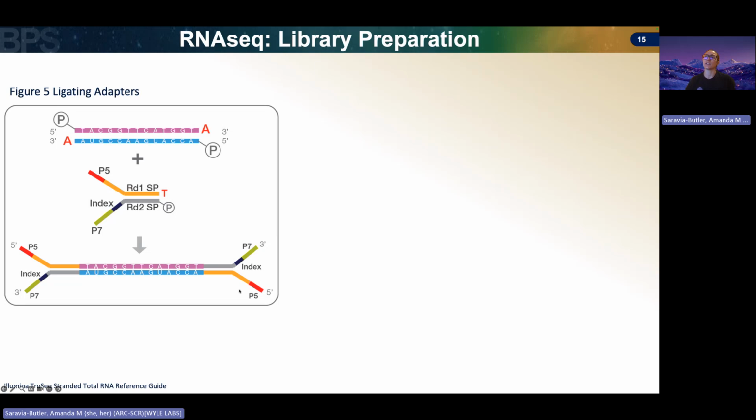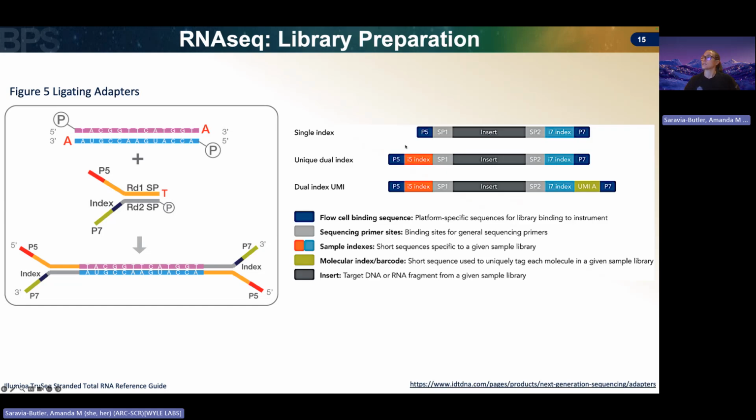So as I mentioned here, this is a single index adapter because we just have an index on one side. This is just another example from IDT of what a single index looks like. Your insert here is going to be your unknown cDNA that you want to sequence, sequencing primers on either side.